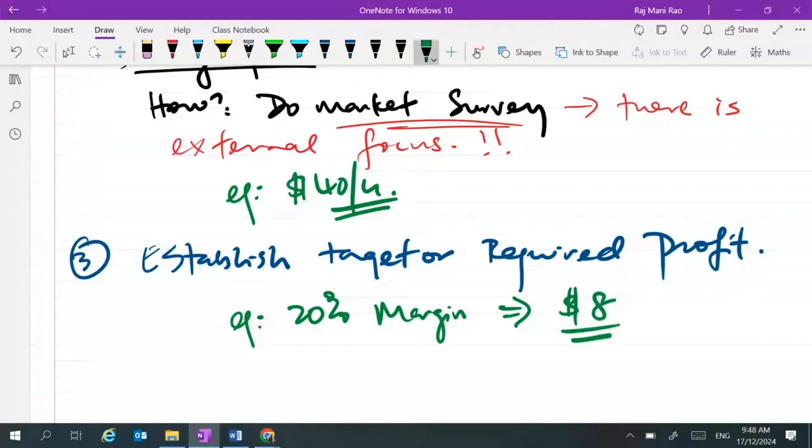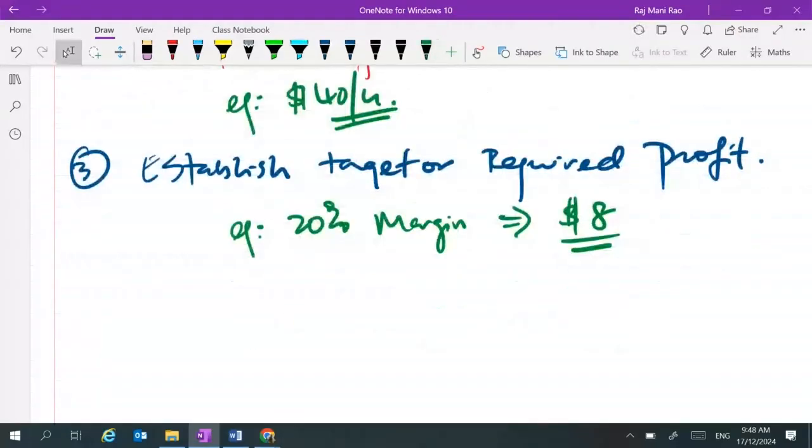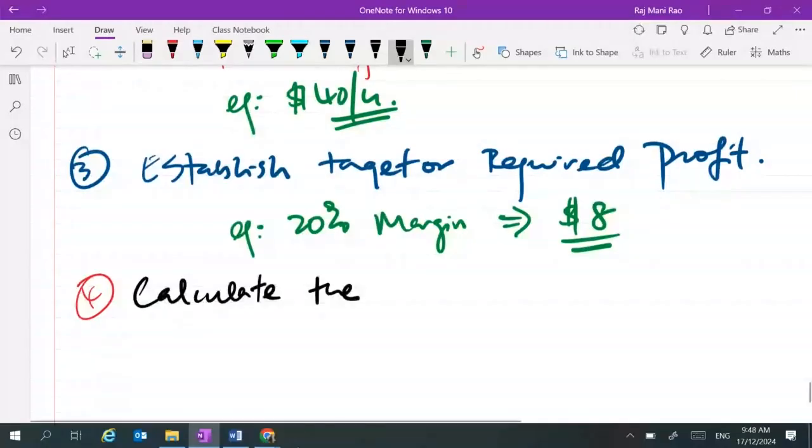So once you have said that, comes the most important point, number 4. Calculate the target cost.